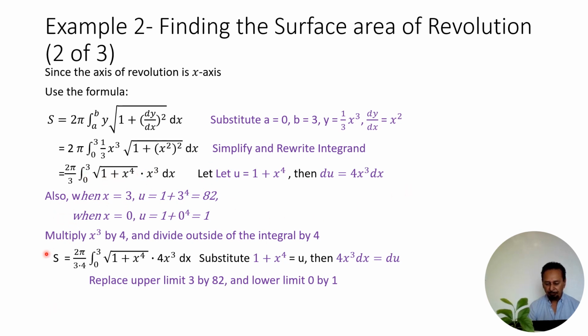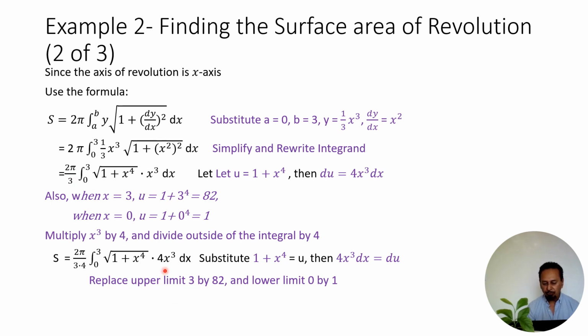So this integral becomes 2 pi over 3 times the square root of 1 plus x to the 4 times 4x cubed dx. Because we have x cubed and we need 4x cubed, we multiply by 4 here and divide by 4 here.